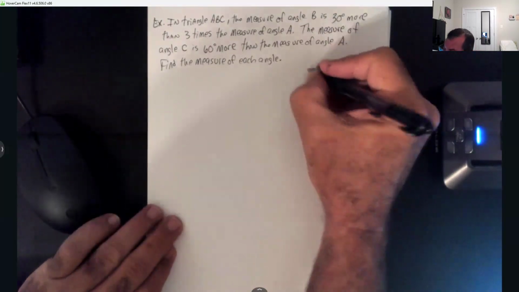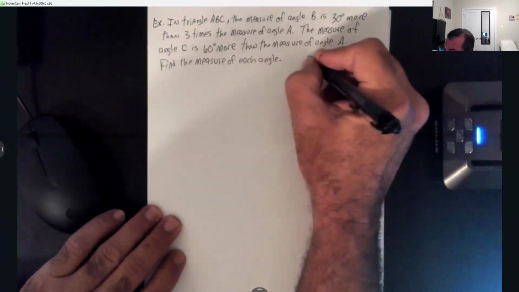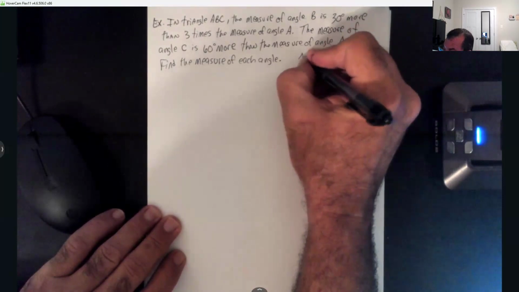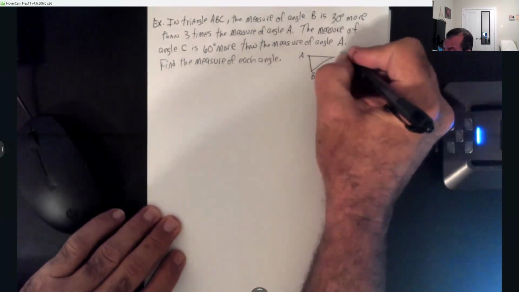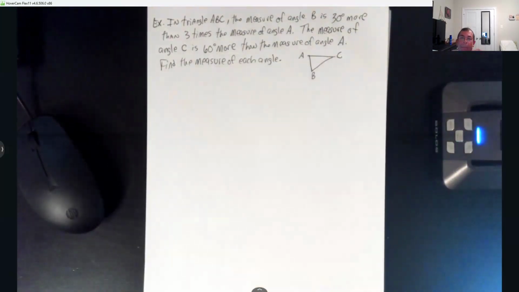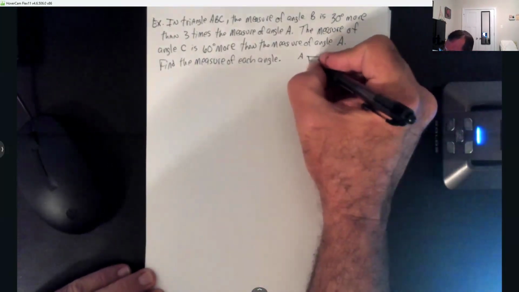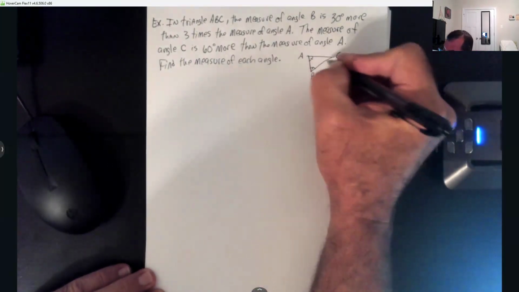So basically, y'all, what we got is a triangle sitting here with an A, B, and C, okay? And we're just wanting to measure all these 3 angles here.